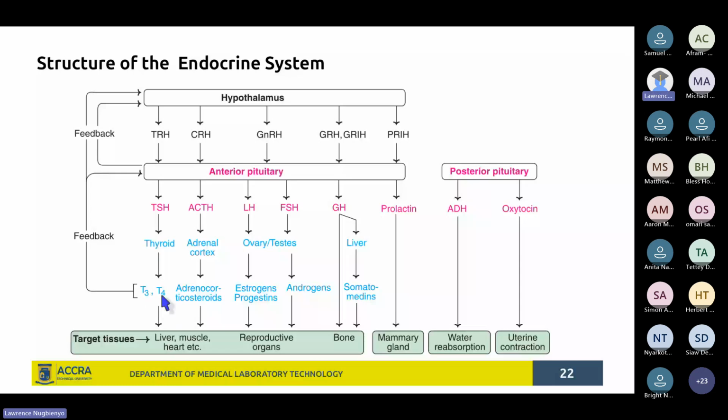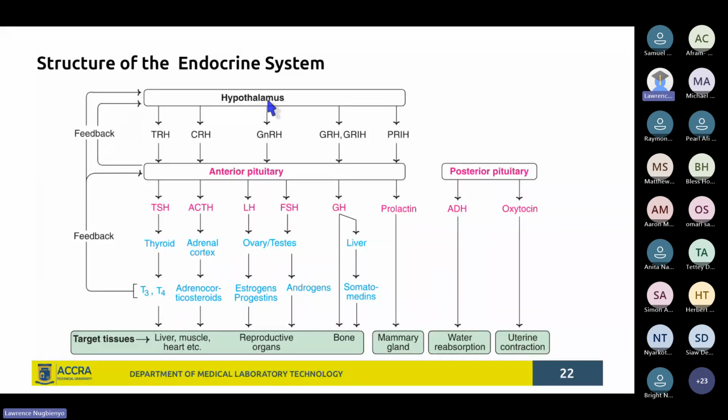Similarly, you have the corticotropin releasing hormone acting on the anterior pituitary to secrete the adrenocorticotropic hormone, which will then act on the adrenal cortex to secrete adrenocorticosteroids.